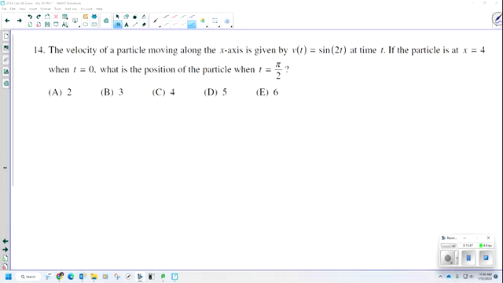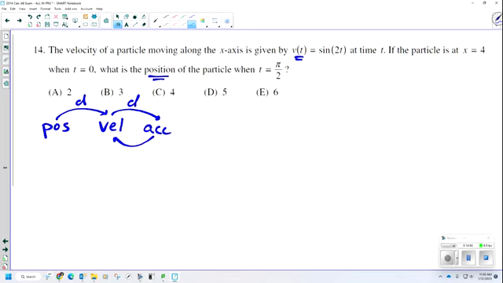Okay, so we have velocity. We need to get position. That means I'm going to integrate, all right? Position, velocity, acceleration, moving forward, means derivative. Moving backwards is integration. We have velocity, we're moving backward to position, so we need to integrate velocity.